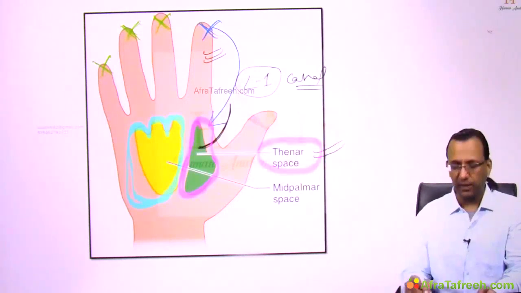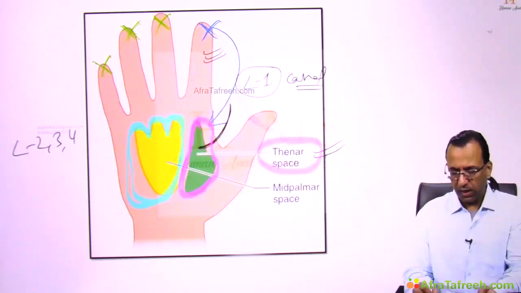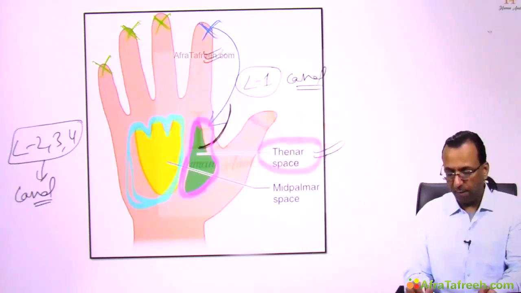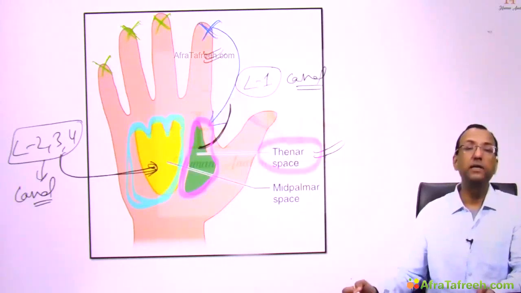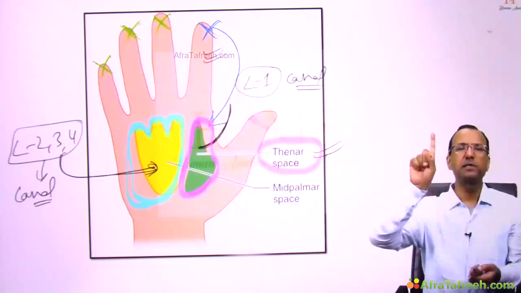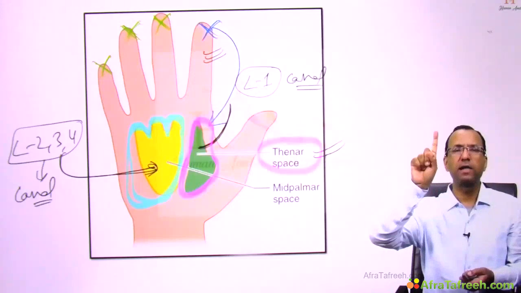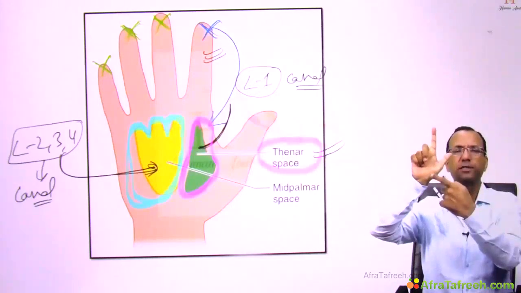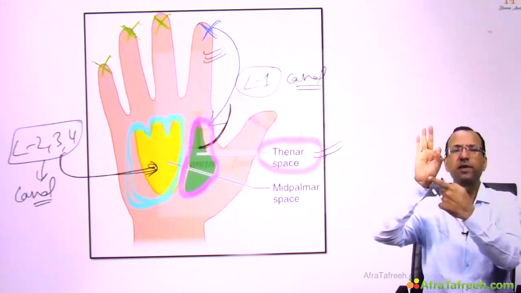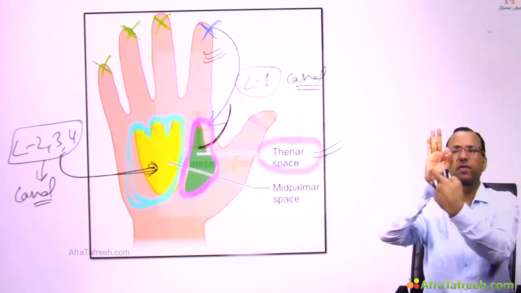But lumbrical canals 2, 3, 4 will be communicating with the mid-palmar space. So the first lumbrical has a canal communicating with the thenar space, whereas the other three lumbrical canals communicate with the mid-palmar space.